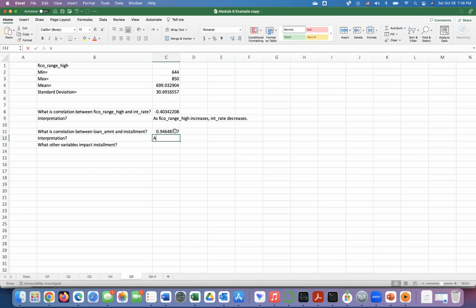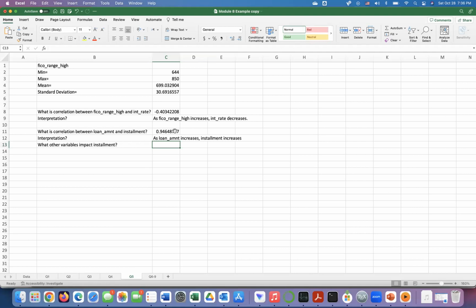So as, let's say, loan amounts increases, installments increases as well. It makes sense, yes, because installment is monthly payment, and as loan amount increases, because total amount of money that you took as a loan increased, the monthly payments are going to be higher.